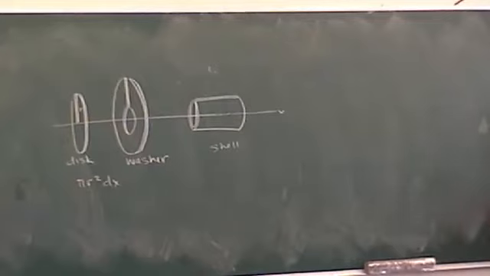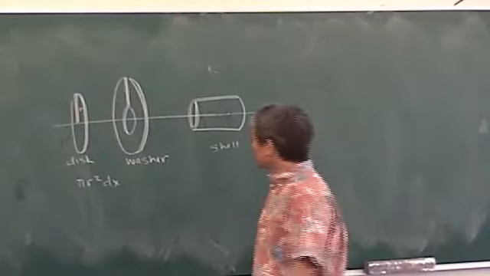Shell, like the shell of a bullet or a cannon. This is a cylinder. Theoretically, it doesn't have a thickness. Like a sheet of paper has a thickness, but mathematically, there is no thickness.